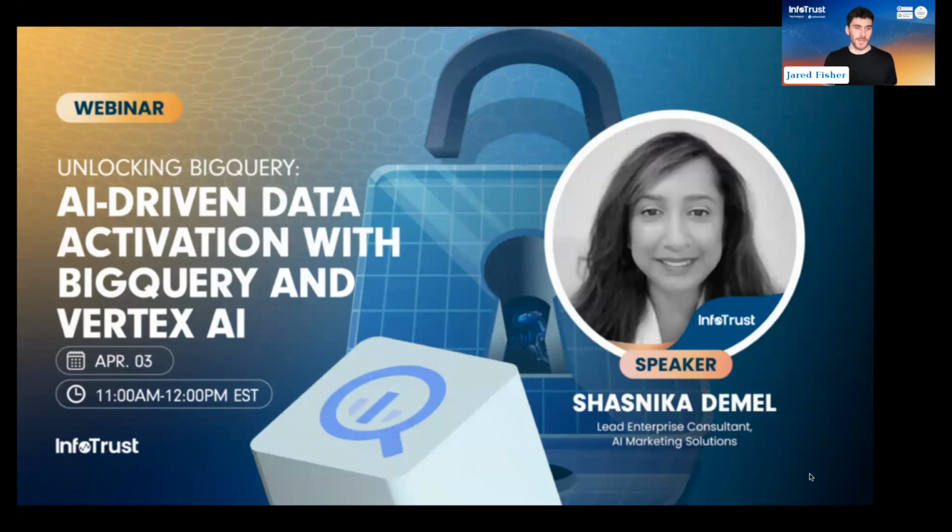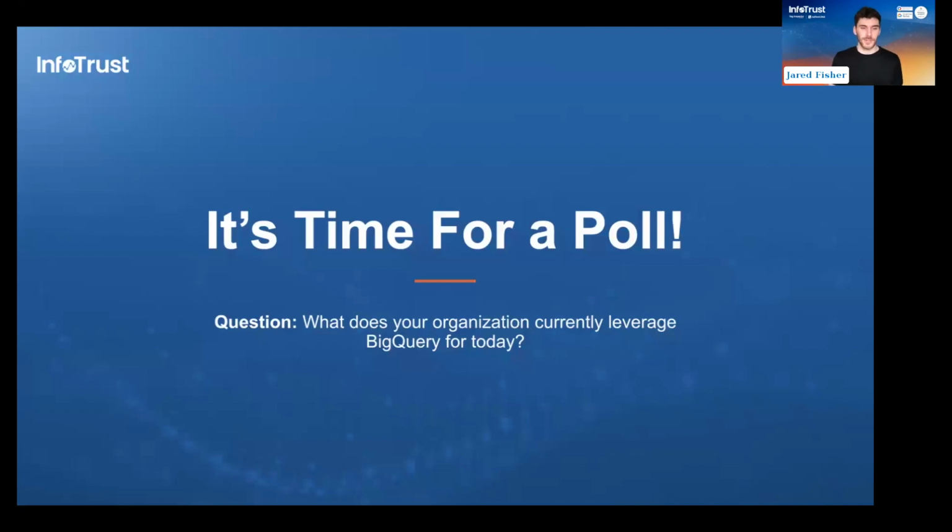Just to kick us off, we have a poll to get a sense of where y'all stand. What does your organization currently leverage BigQuery for today? Obviously, BigQuery can be used for a wide variety of things. For those of y'all who are joining for the first time, this is the last of a four-part series. We've talked a lot about cost optimization, how to get data into BigQuery, reporting out of BigQuery, and today, marketing activation out of BigQuery.